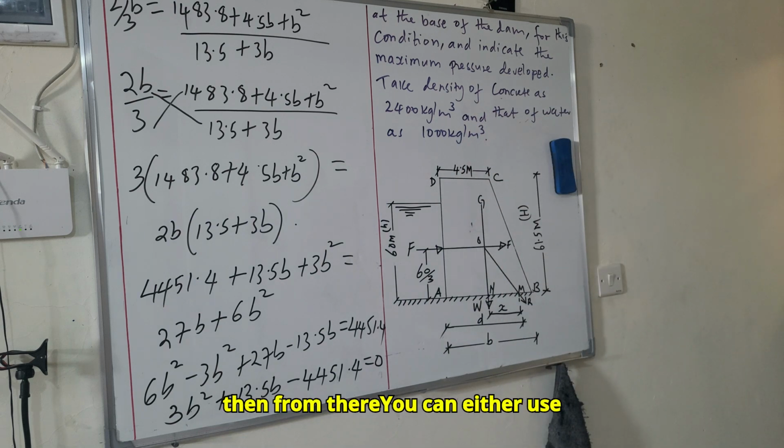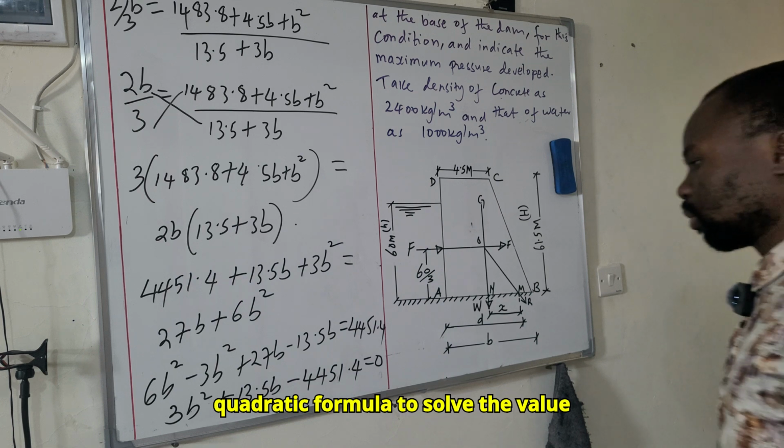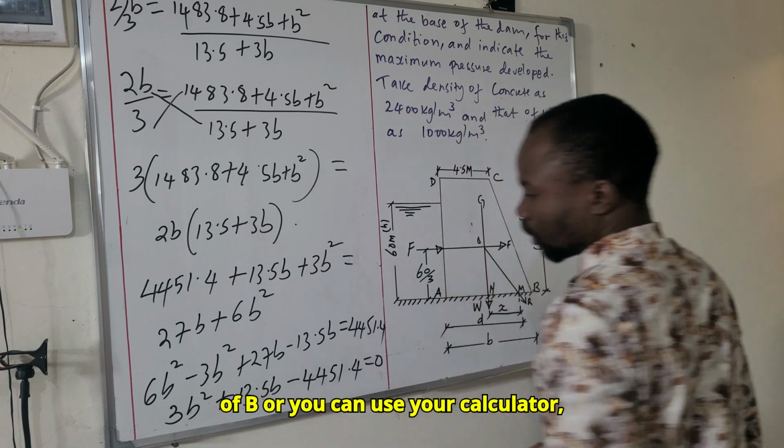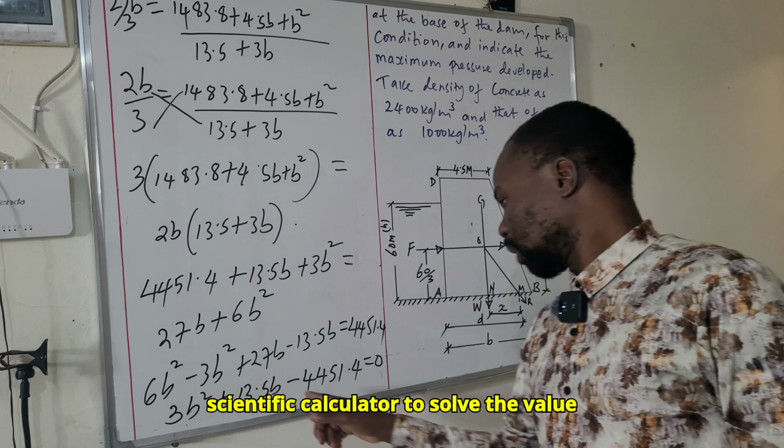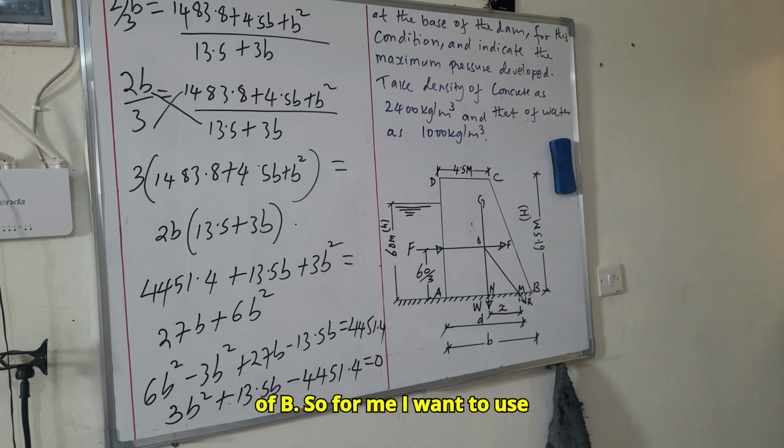Then from there, you can either use the quadratic formula to solve the value of b, or you can use your scientific calculator. So for me, I want to use a calculator to solve the value of b.